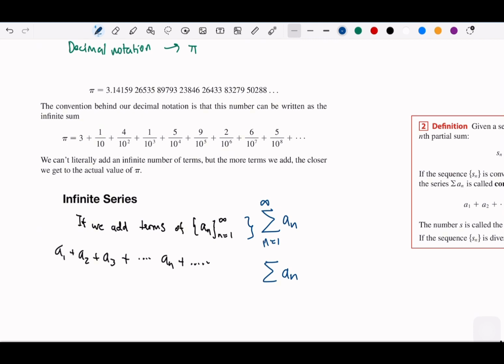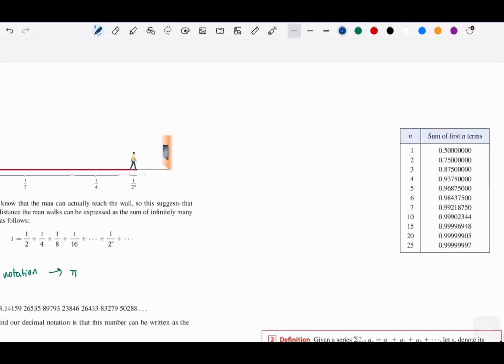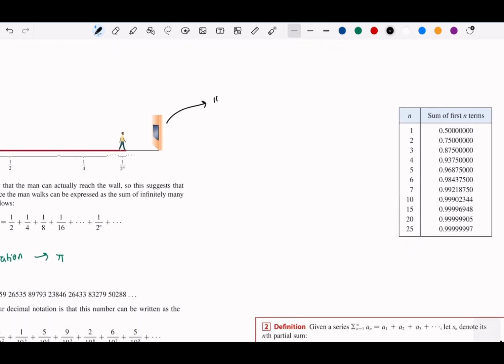So if we add, let me write here, just take the numbers, half plus 1 over 4. If we take terms and we increase the terms, the sum of the first n terms, so if we take n equal 1, this is just 1 over 2. n equal 2 means a1 plus a2.